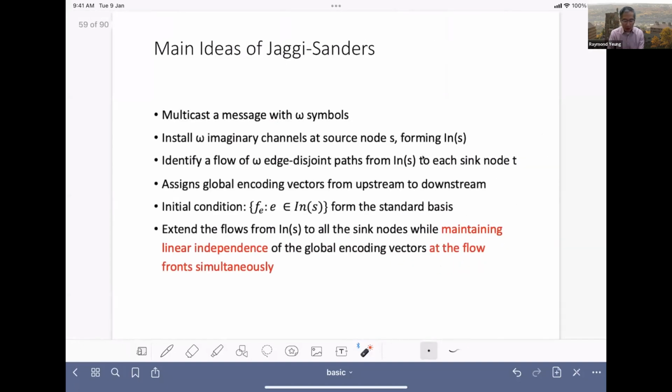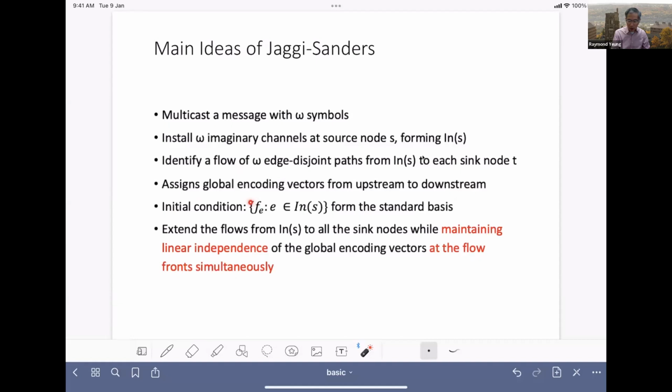Now, here are the main ideas of the Jaggi-Sanders algorithm. Our problem is to multicast a message with omega symbols. As before, we install omega imaginary channels at the source node S, forming in S, and we identify a flow of omega edge-disjoint paths from in S to each sink. Then we assign global encoding vectors from upstream to downstream. I'm going to show you by an example, since it's a little bit abstract at this point.